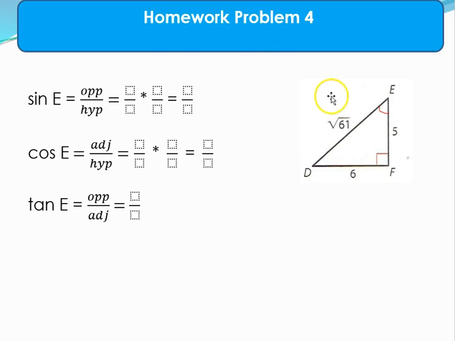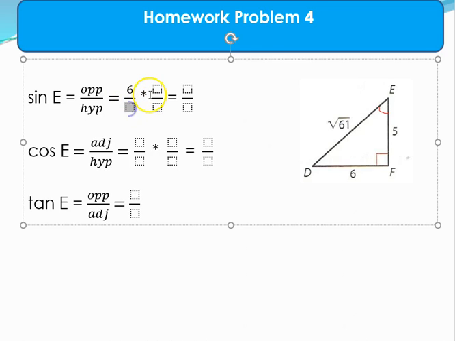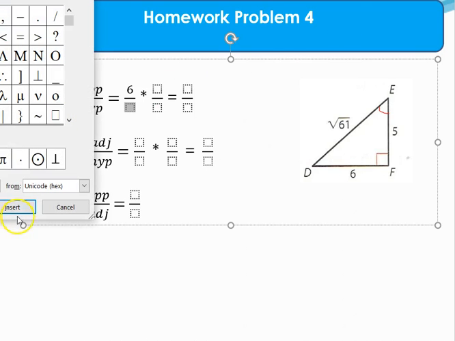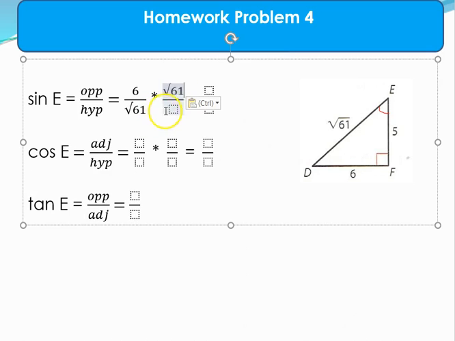So the opposite will be 6. The hypotenuse will be, and bear with me while I do this, square root of 61. Now we want to rationalize, so we'll multiply by 1, and we end up with 6 square root of 61 over 61.